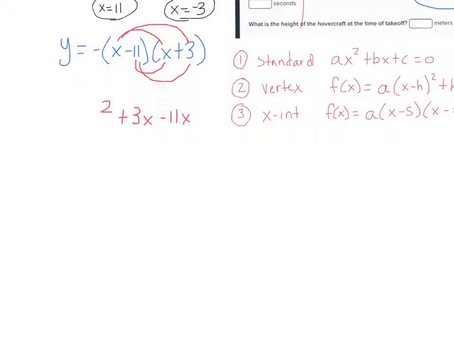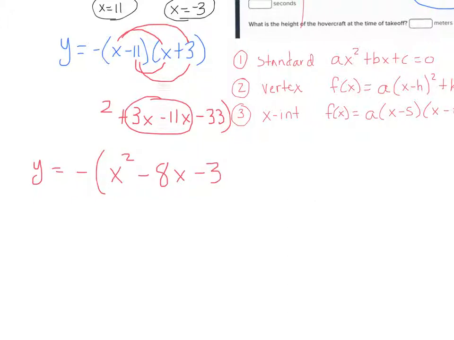And negative 11 times 3 is negative 33. And now inside that parentheses, I'm going to combine like terms. So I've got y equals negative parentheses x squared, and you can see 3x and negative 11x are like terms. Say like terms. So I got minus 8x minus 33.